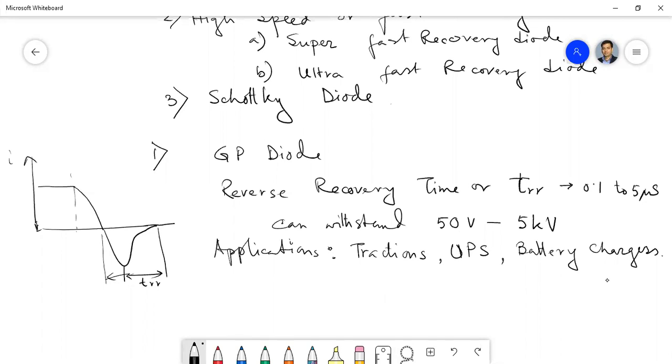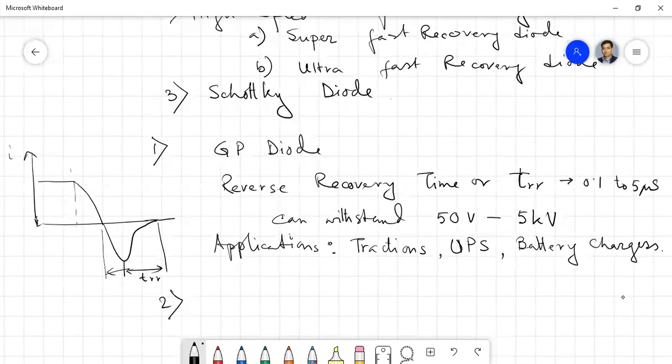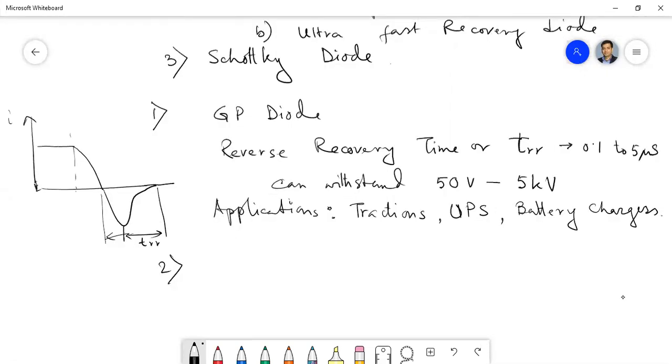Okay, now the next one is the high speed. Under high speed you have two categories. One is called the super fast recovery diode, where the TRR varies from 75 to 100 nanosecond.